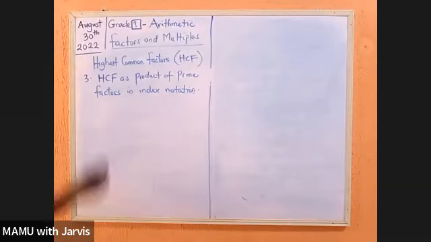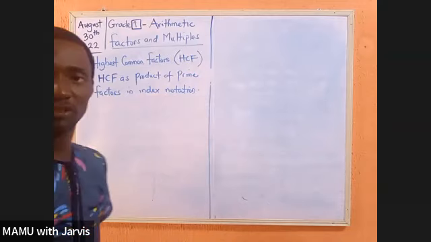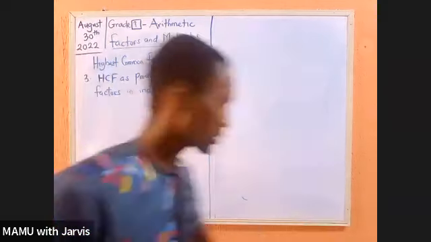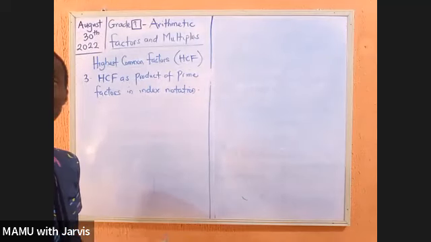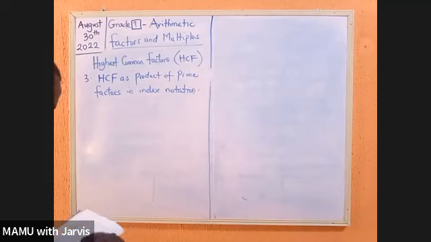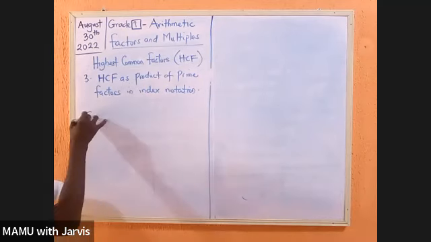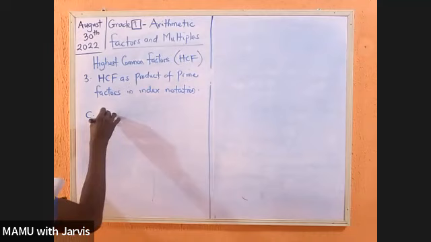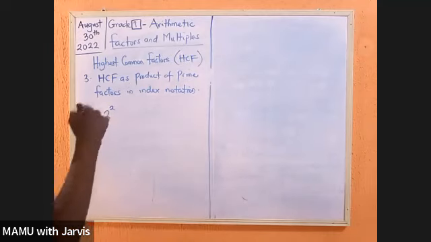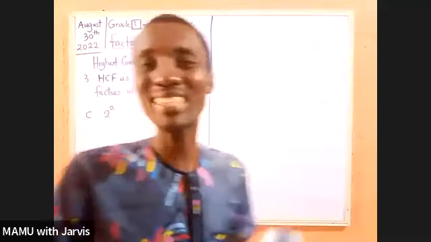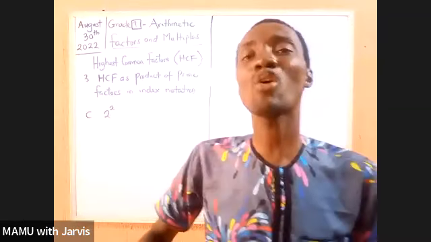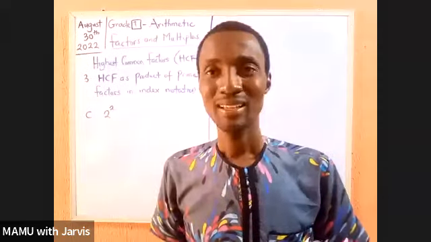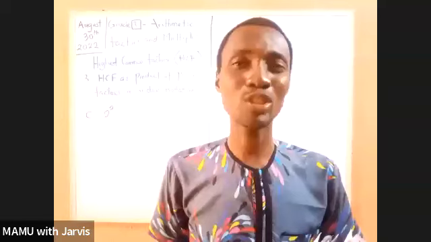So we go to the next one that says HCF as product of prime factors in index notation. We're going to take an example here, question C, that says 2 raised to the power of 2. Please pay attention to this one, because I'm going to be giving you keys that will shock you. A lot of the struggle you're having in maths is born out of the fact that you did not see some keys.